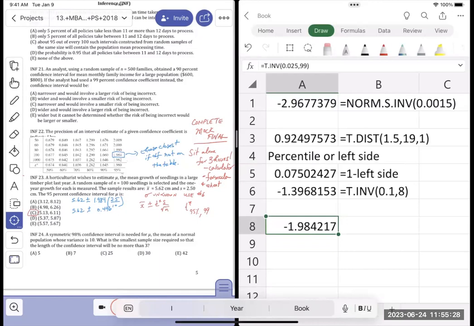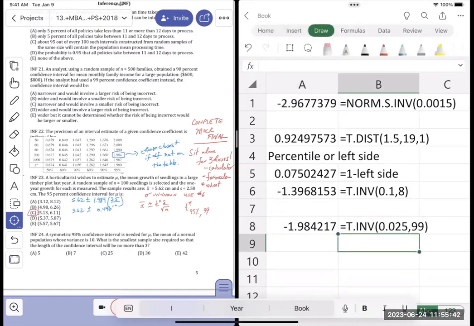Very good. It'll always give the negative because it always gives the left side.